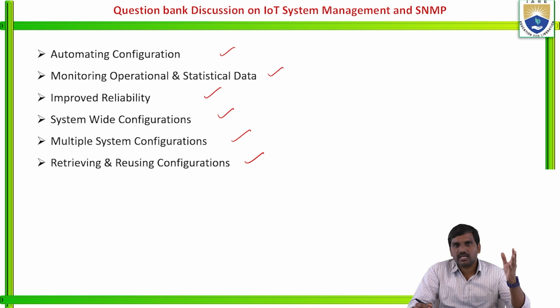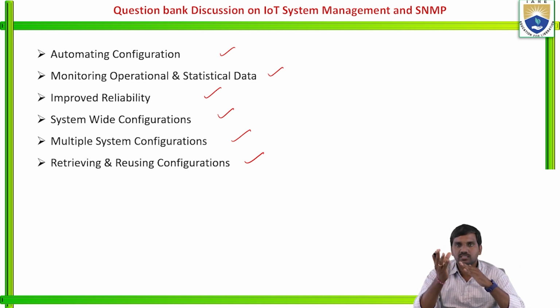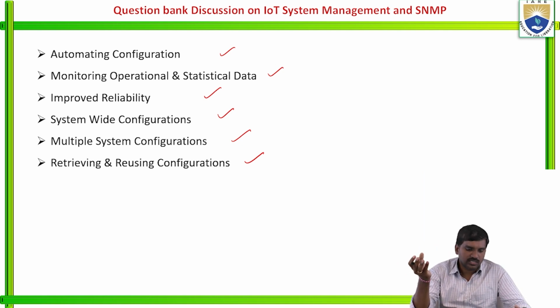It can automatically connect to the system while the network is available. That is the automatic configuration of the device. Monitoring operational statistical data: what operations are going on in the network is recorded, and based on that recorded data we can analyze and define statistics. Next, improved reliability: we can improve it based on our requirement.